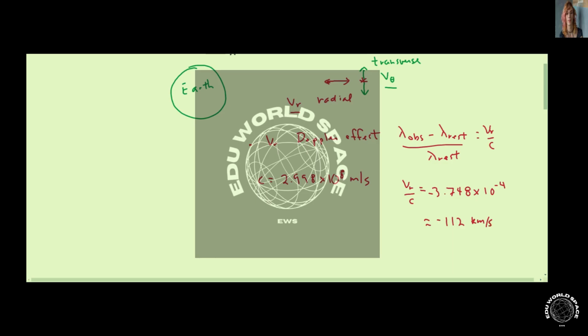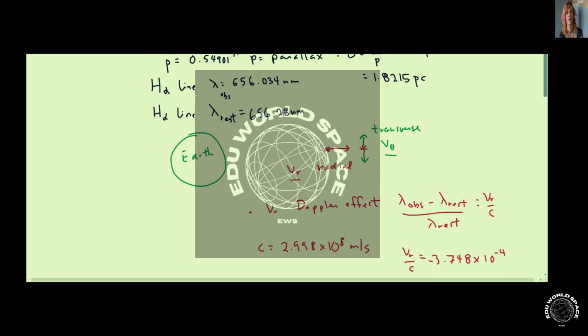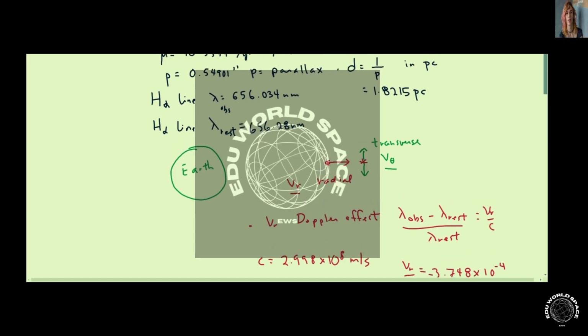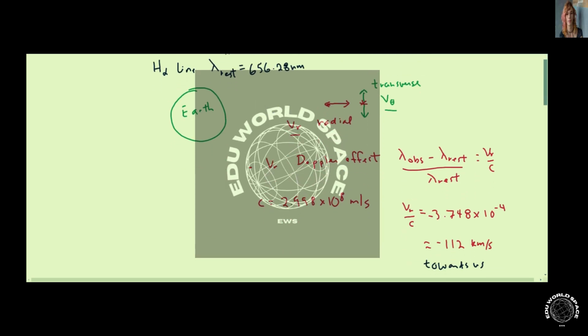And the negative just means that the star is coming towards us. We don't know from the proper motion whether the star is moving east or west or north or south, so we won't worry too much about that. That's just the transverse motion.